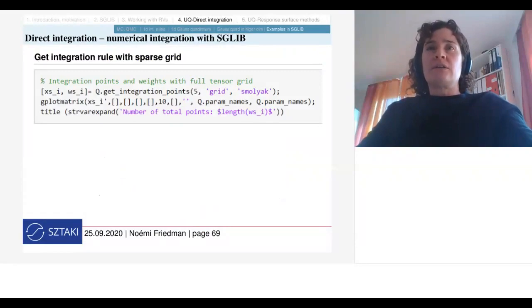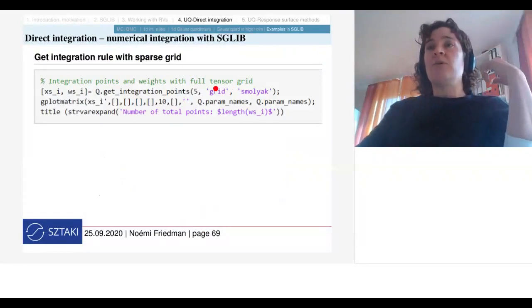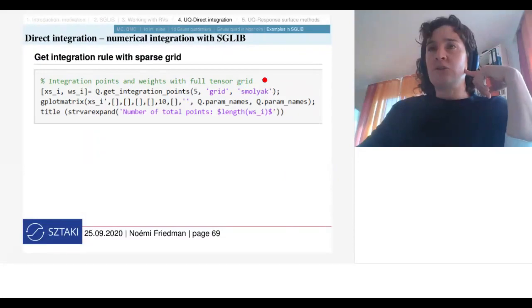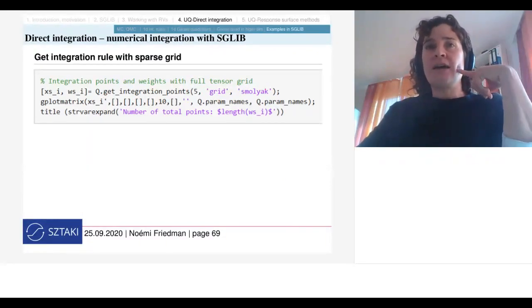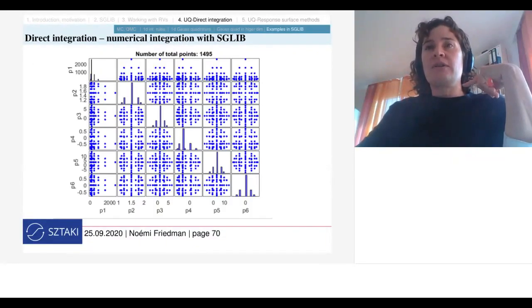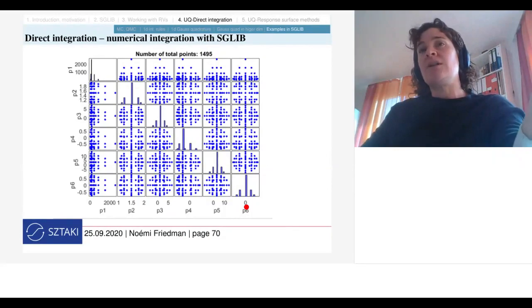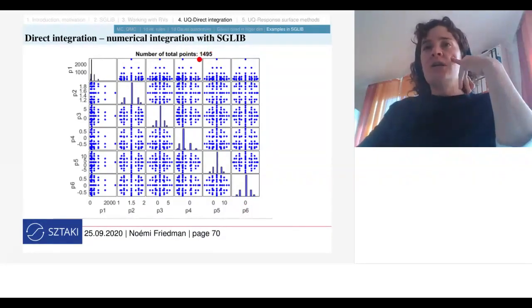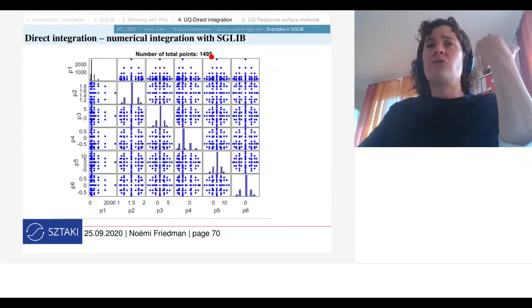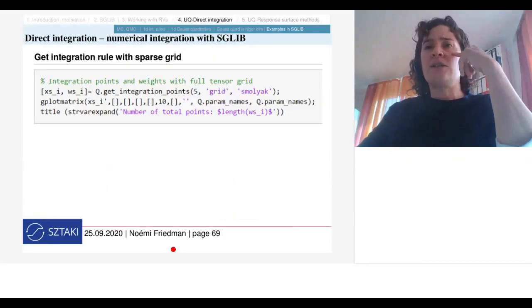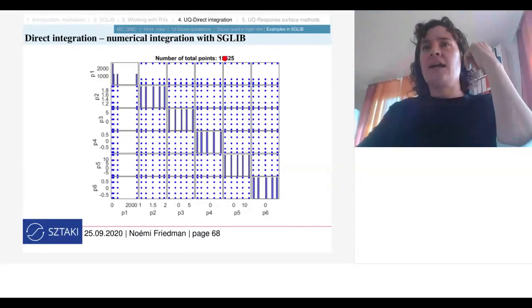Now I can do the same thing, but with the Smolyak integration rule, the sparse integration rule. The only difference is that here I put grid is Smolyak, and then I can plot this Smolyak integration rule. And because I have now 6 dimensions, I can significantly reduce the number of points. So here I have 1,495 points, and I don't remember how many here, I had 15,600 something points.